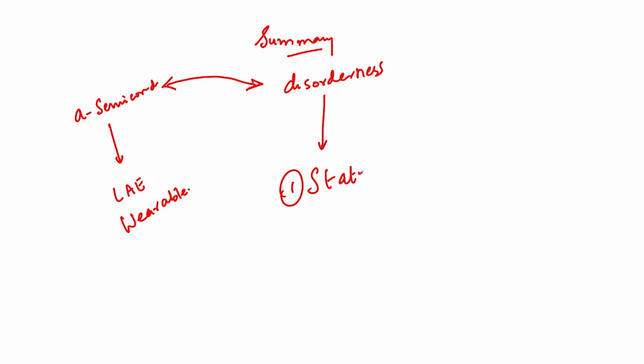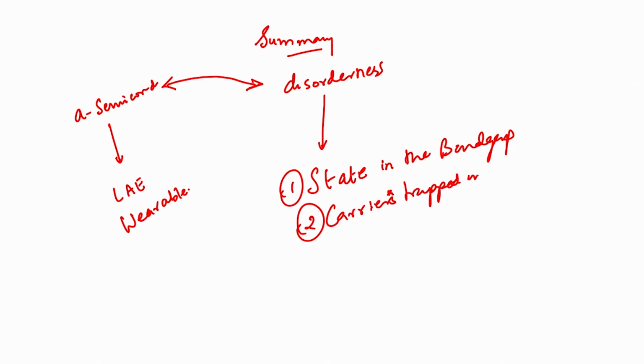So, the band gap is not clean, you have states in the band gap, and therefore, you have carriers trapped in the band gap. If one is interested in calculating the carrier concentration inside the gap, then we just need to define the density of states in the gap and multiply it with the Fermi function.